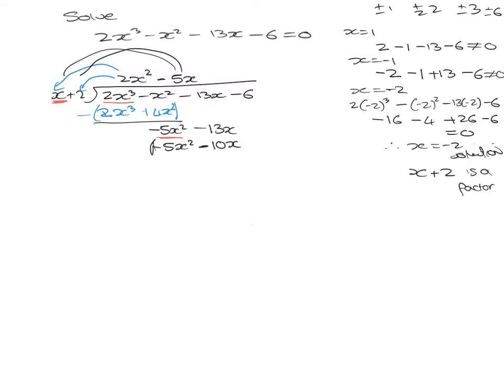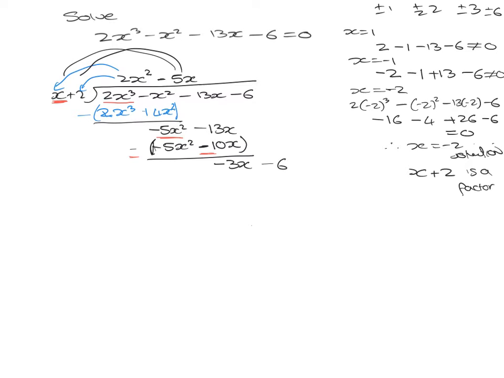And we're going to subtract this to find the remainder. Minus 5x squared minus 5x squared disappears. Then we've got minus 13x minus 10x. So that becomes minus 13 plus 10, which is minus 3x.